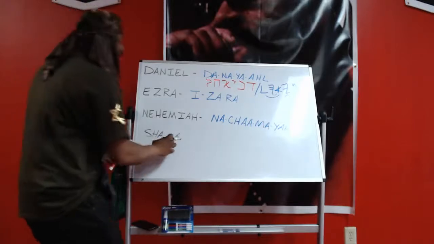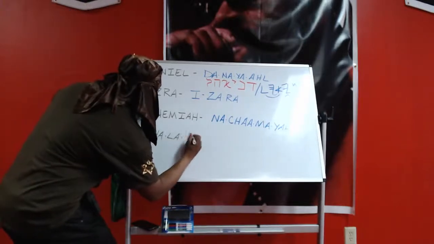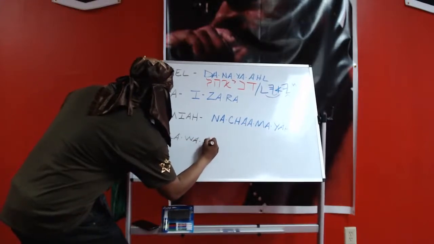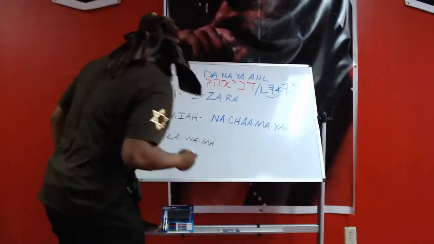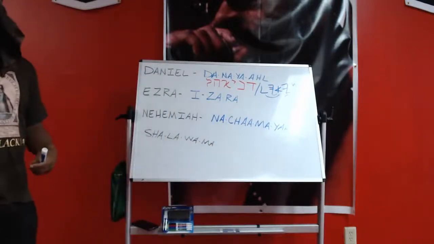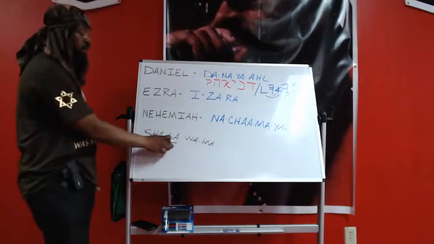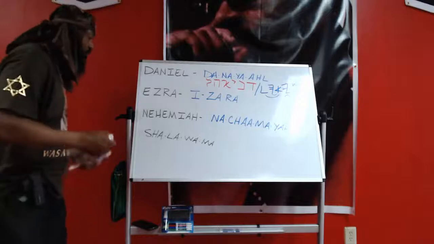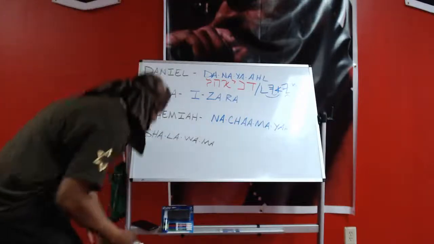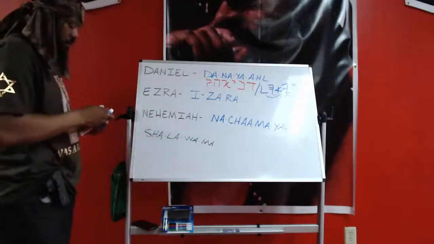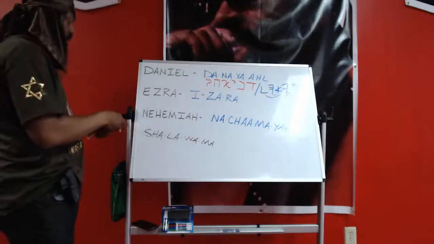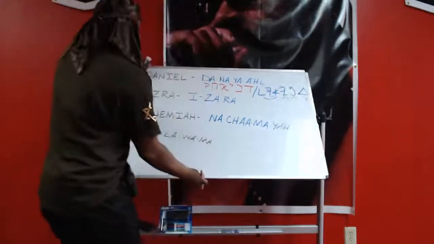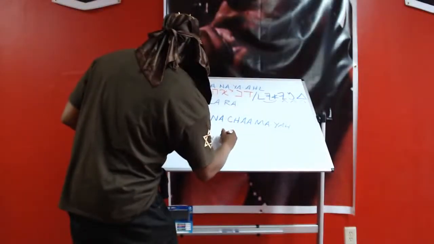You got Sha, La, Wa, and then Ma. These are all the letters. Sha, La, Wa, Ma. Okay, cool. So now, when you see it in the Assyrian, it looks like, let me do this real quick.